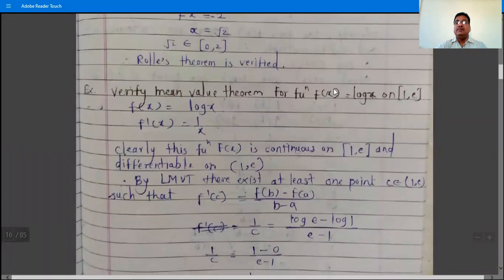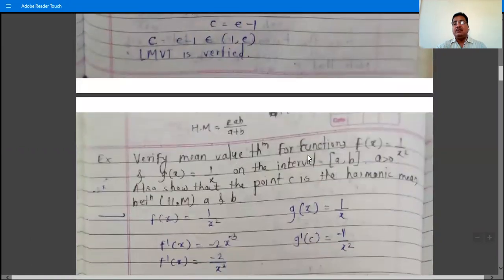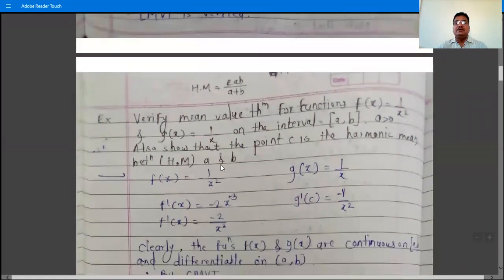Here f(x) and g(x) are given, so we have to verify Cauchy's mean value theorem. We will see the remaining problems in the next lecture.